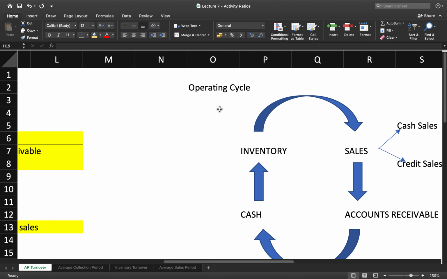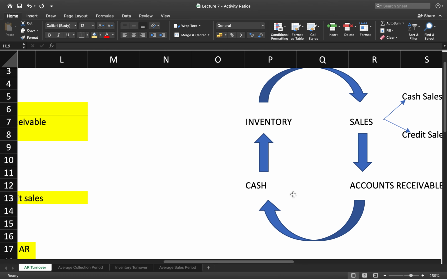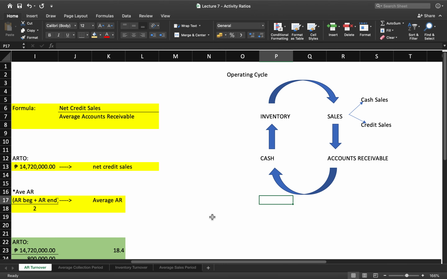Sabi ko kanina, we have our operating cycle. So, it is the conversion of inventories to sales and then accounts receivable to cash. So, paano yun? E di, idadagdag lang natin si average collection period. So, may formula rin siya.